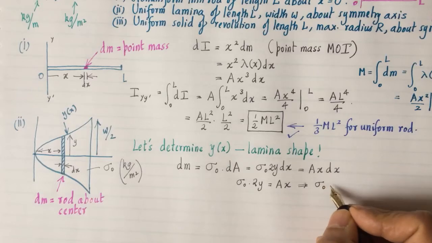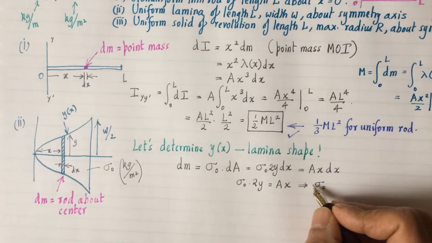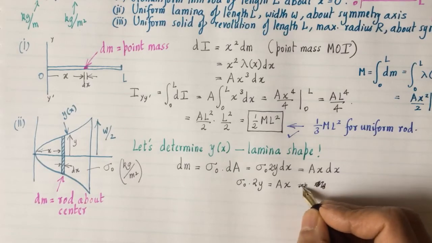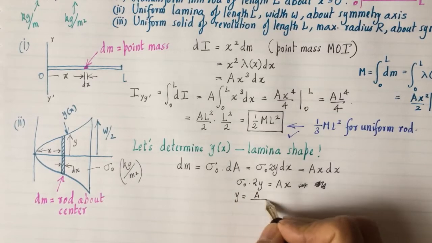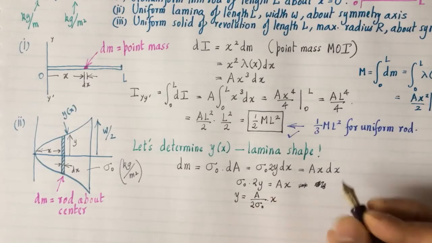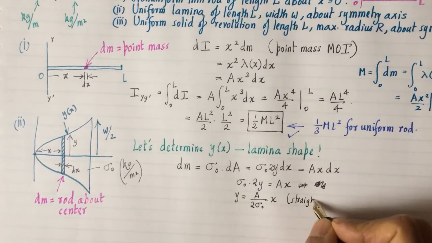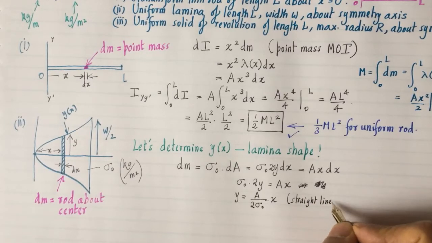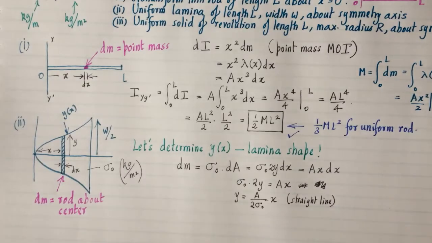Well, I need to get the equation for y, so let me do that first. So this tells me y equals a upon 2 sigma naught times x. Well, that's just a straight line. It is still a good idea to determine sigma naught, so we'll do that next.